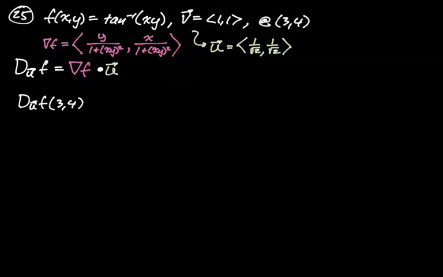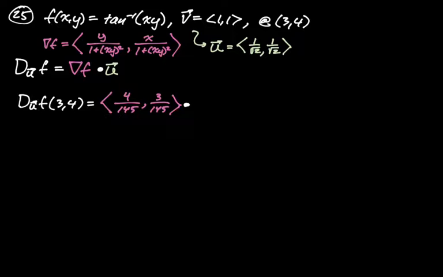So nothing amazing is going to happen here. Y is equal to 4, so we'll get 4 over 1 plus 3 times 4 is 12. 12 squared is 144. 144 plus 1 is 145. So the denominator is 145. So we have 4 over 145, and then we'll have 3 over 145.